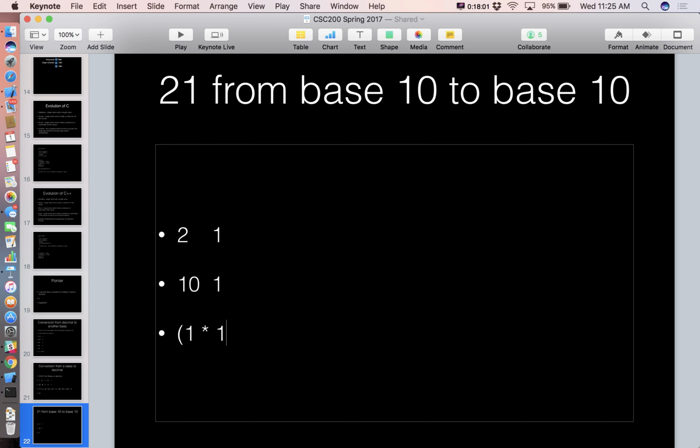So we have 1 times 1 plus 2 times 10, which is equal to 21. Kind of a waste of time to convert from base 10 to base 10, because we already had it. But we see that the math works identically, right? Same exact thing. We've been doing this our whole life.